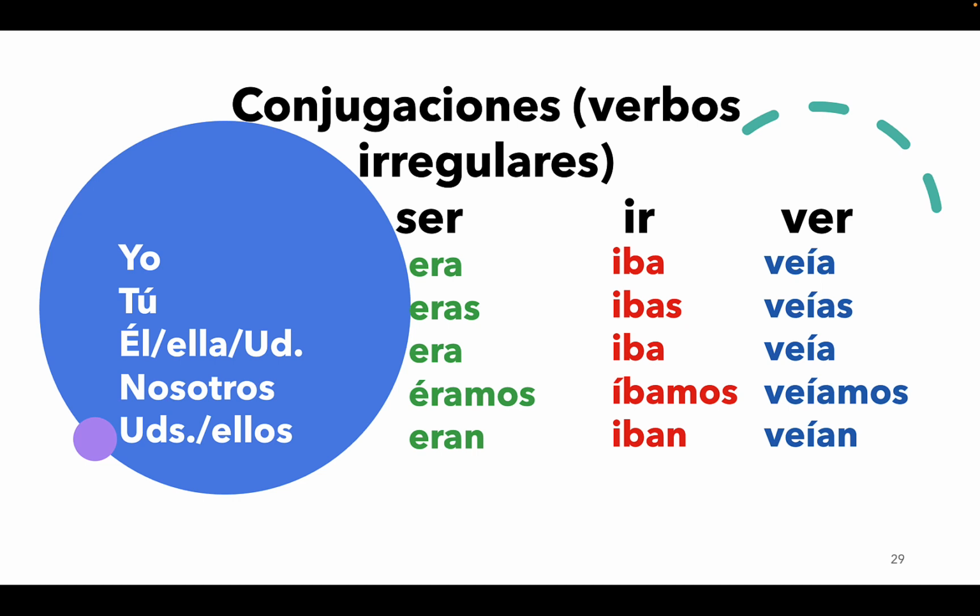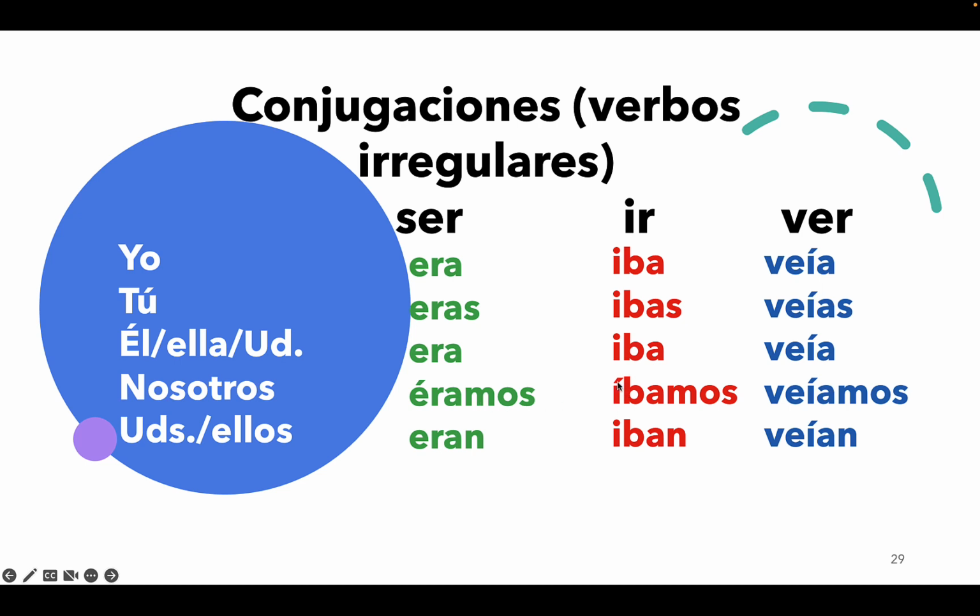It's imperative that we do not forget our conjugations for irregular verbs. Now, the good news is that, different to the preterite, the imperfect is going to reflect only 3 irregular verbs. Y esos van a ser ser, ir, ver. Vamos a revisar las conjugaciones. Era, eras, era, éramos, eran, solamente con la necesidad de una tilde en la forma de nosotros. Para ir, yo iba, tú ibas, él, ella, usted iba, nosotros íbamos, ellos iban.